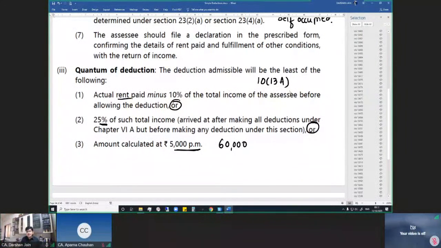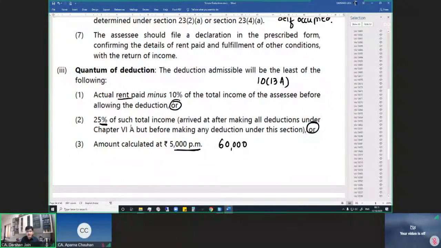So even under 10(13A), you've got actual rent paid less 10% of salary, or 40 or 50% of salary. Here it is 10% of total income of the assessee because there is no salary income. Generally, it would be claimed by non-salaried people, or in case it is claimed by a salaried person, he is not in receipt of HRA. We're talking of 10% of total income instead of salary.